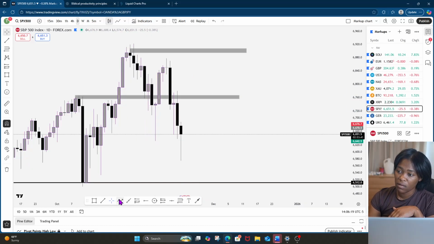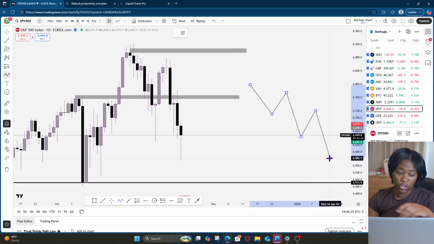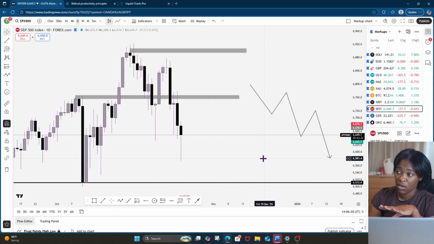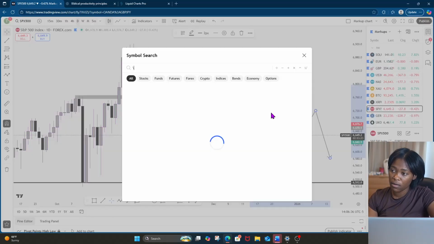Because for the confirmation of a trend, you need both highs and lows to confirm a trend exists. You can't just see a high and then think, oh snap, we're in an uptrend. You need a higher low to confirm that uptrend.